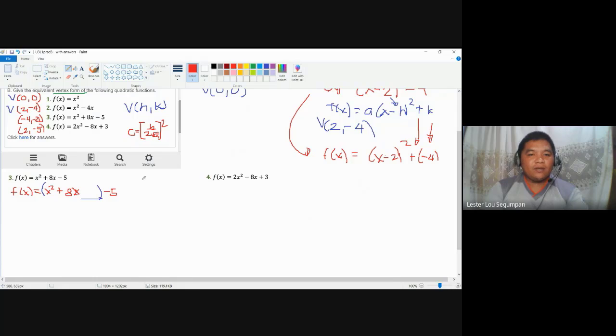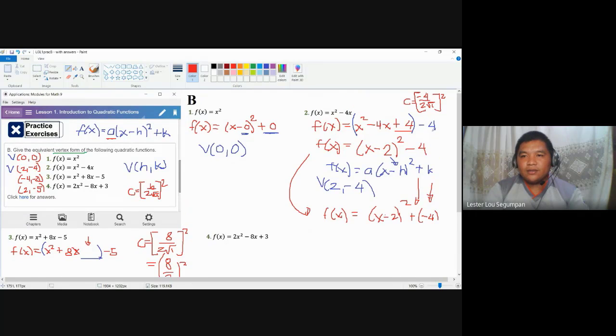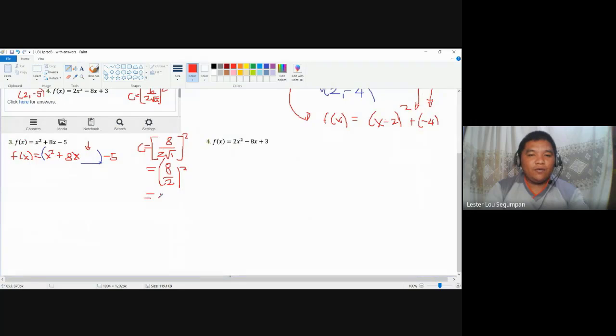Using the completing the square method, the new value for c is 8 over 2, squared. So you have 8 over 2 squared, which is 4 squared. The value of c you need to add is actually 16.